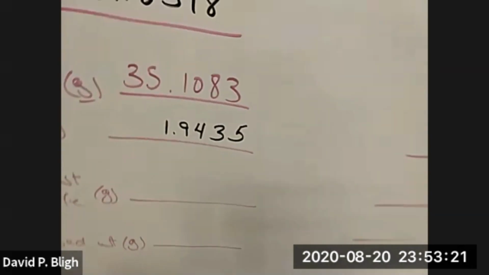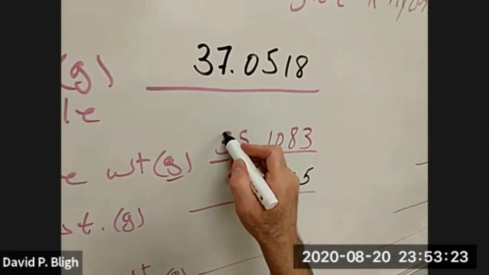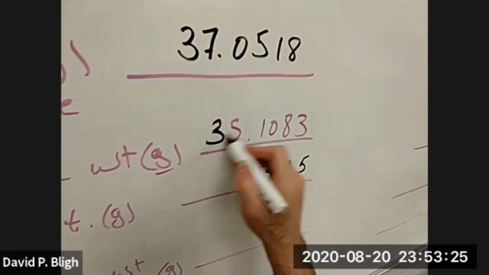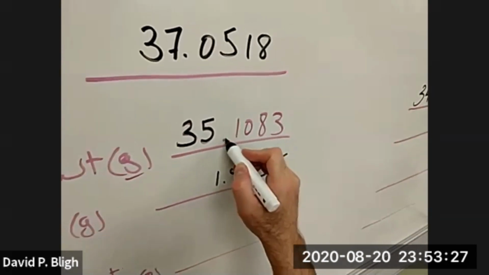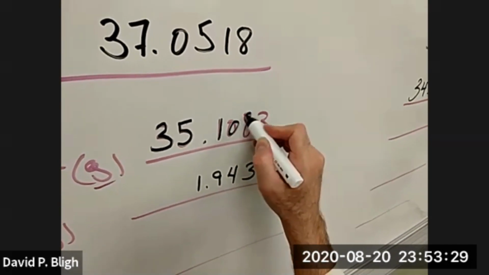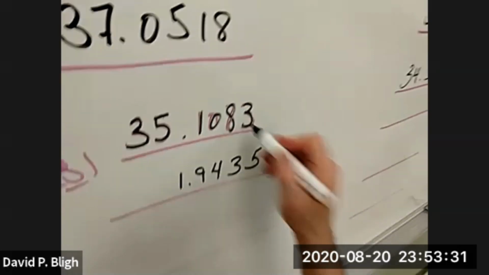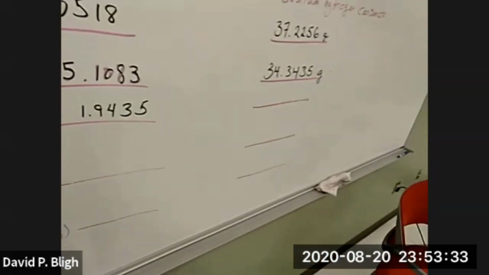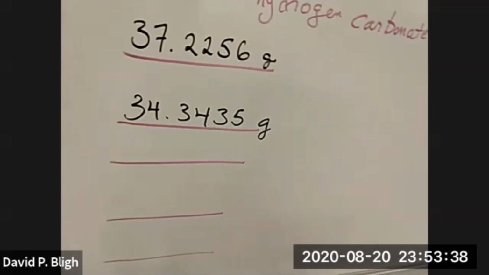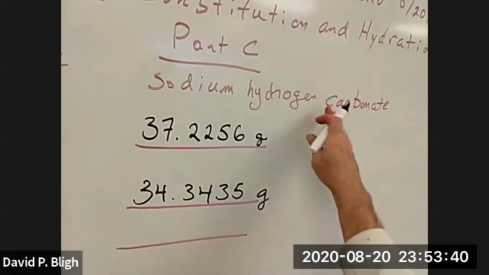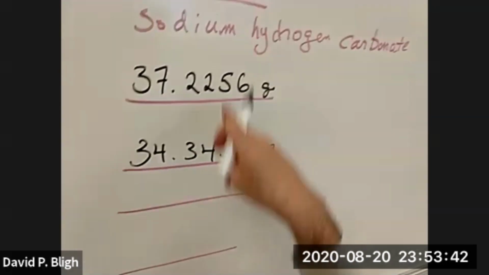Okay. And let's darken this one up a little bit. I kind of like that dark color. It's going to show up better in the photographs. There we go. Now, what's the weight of the substance, the sodium hydrogen carbonate, in the crucible? It's this difference.